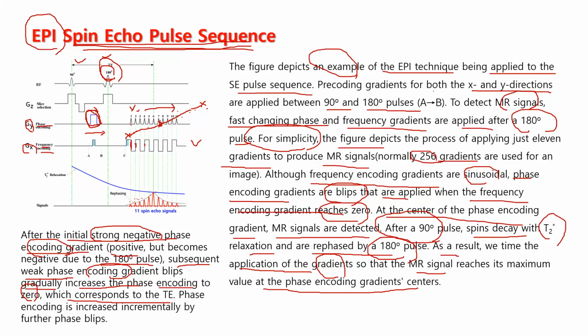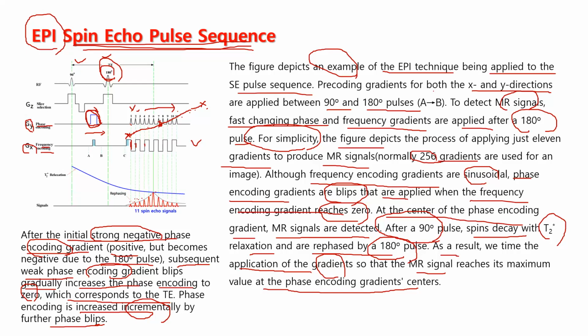Phase encoding is increased incrementally by the further phase blips. So from the negatively largest phase, with each blip type positive phase encoding gradient, the phase is increasing, passing 0 and further increasing.